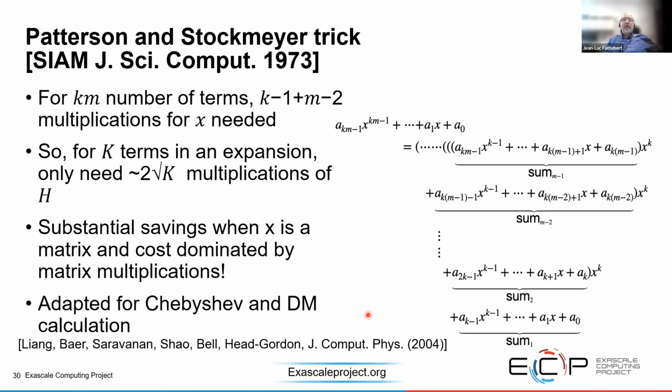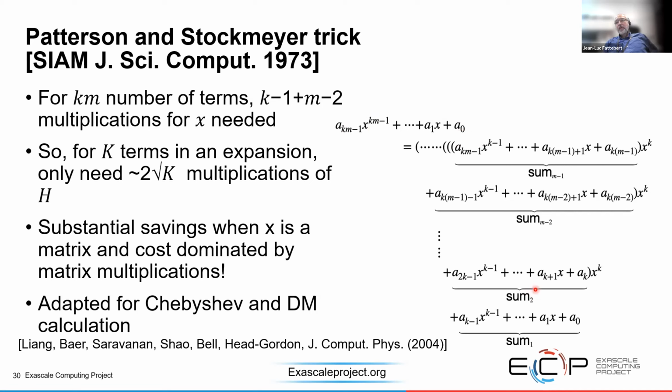So one trick that we've been using to implement that more efficiently is an old idea by Paterson and Stockmeyer, proposed in the 70s, which is basically to rewrite the polynomial. I don't expect you to read all the terms on the right, but I'm trying to illustrate that if you have a polynomial of order km minus 1, this would be the way you would write it.